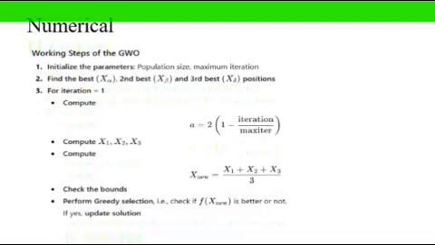Compute X1, X2, X3, which represent the three encircling position vectors. Then compute the new wolf position by X new = (X1 + X2 + X3) / 3. Check the bounds, to stay inside the search limits. Then apply greedy selection. If the new position is better, update the wolf's position.